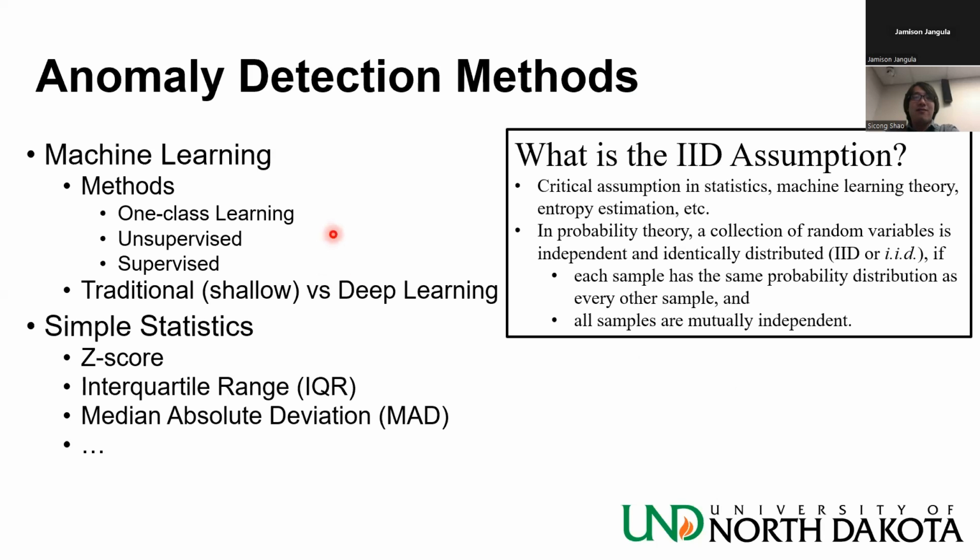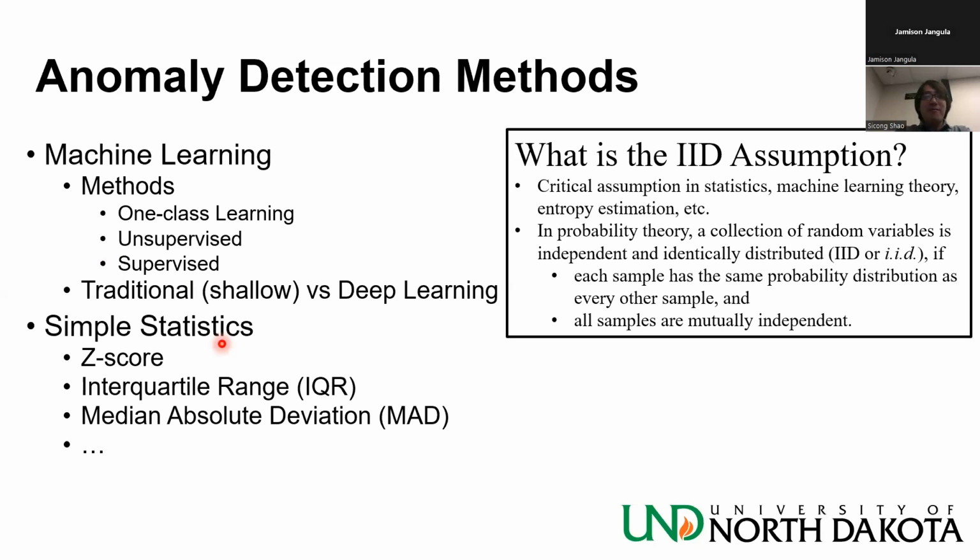For machine learning based anomaly detection, usually we can divide into one class learning based approach and unsupervised learning based approach, depending on whether you have that Y, that label. But if you also have a label, you can formulate the anomaly detection as a binary classification problem.